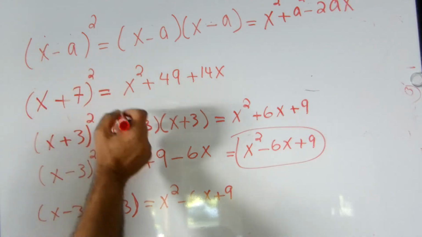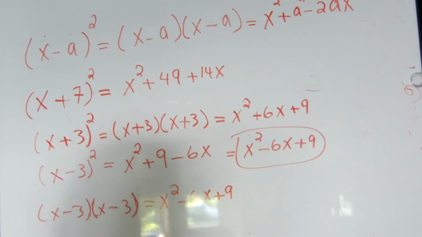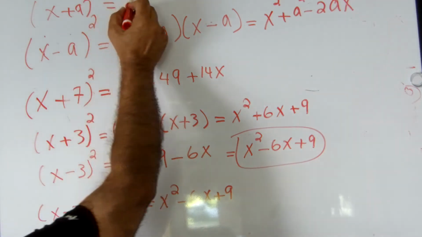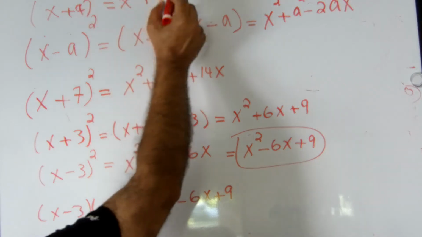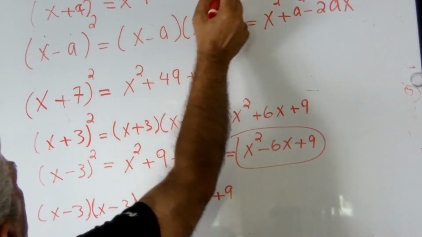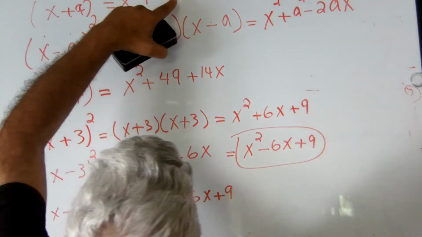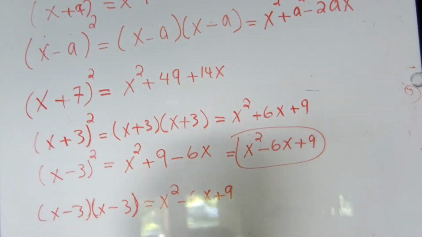If this one is plus, we say x plus a squared is x squared plus a squared plus 2ax, which is positive. The difference between these two is that the third item has a negative sign in front of it. So we solve it like this.